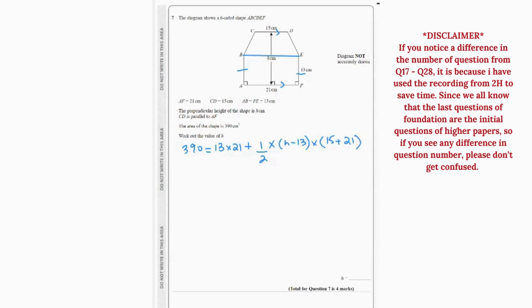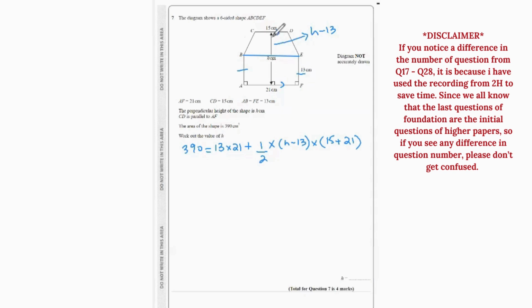Once again, we split the six-sided shape into two different shapes. The top part is the trapezium and the bottom part is a rectangle. The area of a rectangle has the formula of length times width, so that's going to be 13 times 21. And the area of a trapezium has the formula of 1 over 2 times the height, which over here is going to be h minus 13, because this part is 13 and the entire length is h.